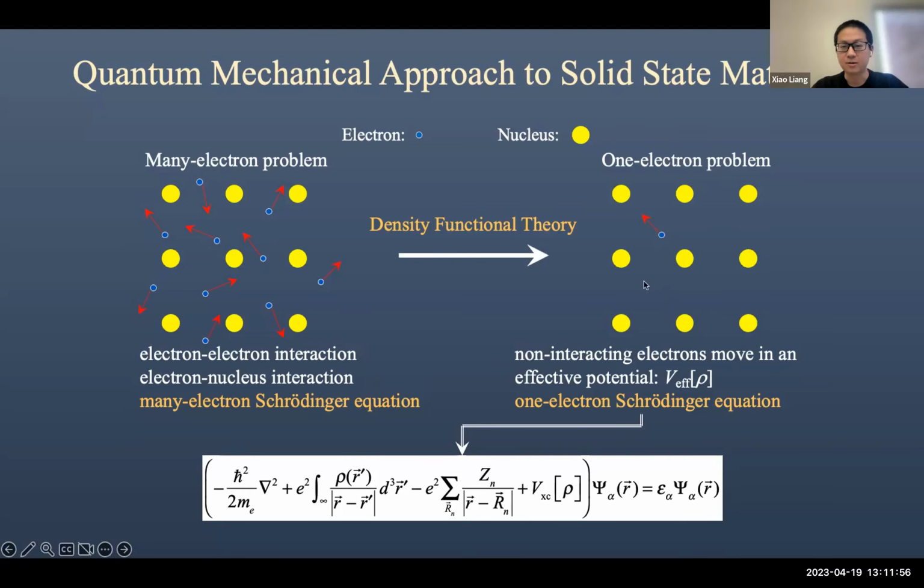Fortunately, the density functional theory tells us that there exists an equivalent system that has the same energy property, but is easier to solve. In this equivalent system, electrons are moving independently in a fictitious external field. Because of this independence, the Schrodinger equation is greatly simplified to a one-electron equation.